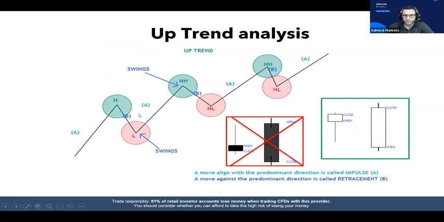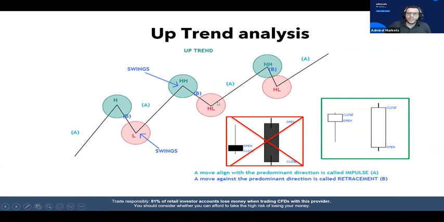Now, in an uptrend, when we see the market make these higher highs and higher lows, we call the turning points swings in the market, regardless of uptrend or downtrend.